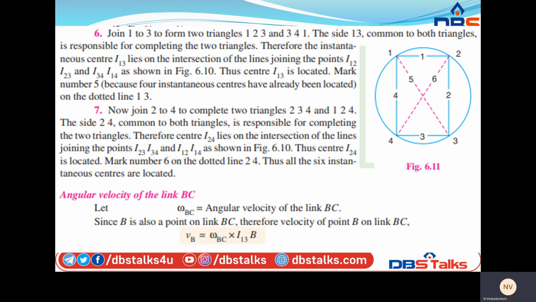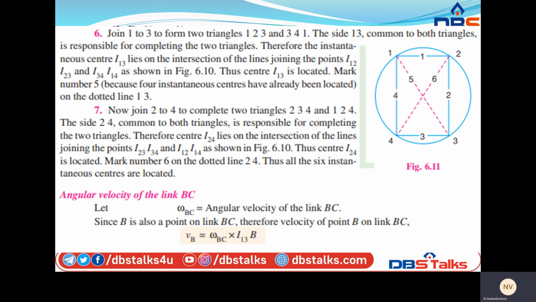The side 13 is common to both triangles and is responsible for completing them. Therefore, the instantaneous center I13 lies on the intersection of the lines joining the points I12 and I23, and I34 and I14. Thus the center I13 is located.